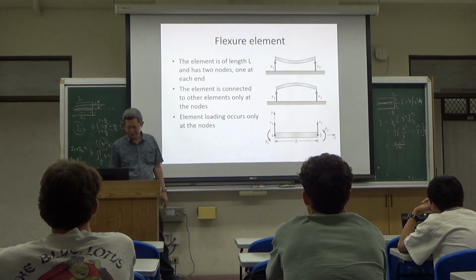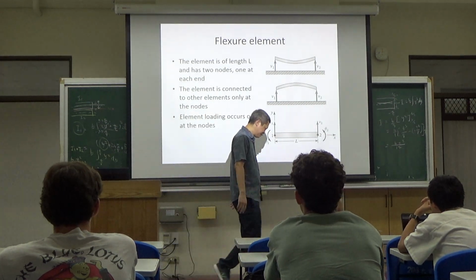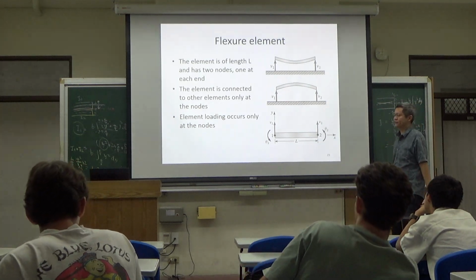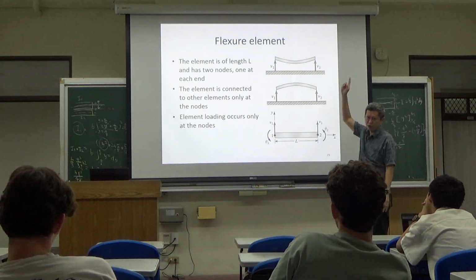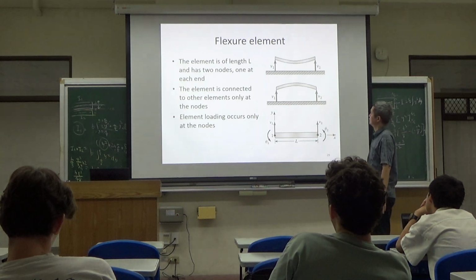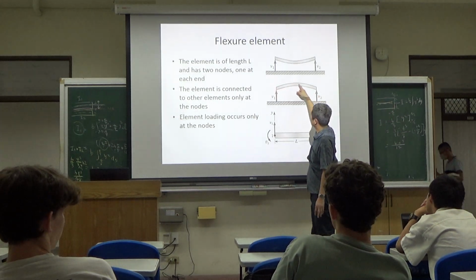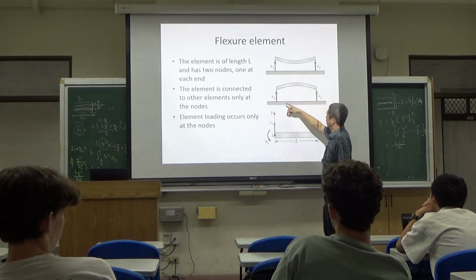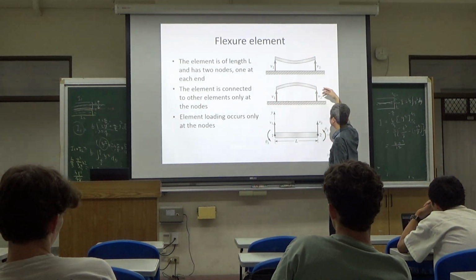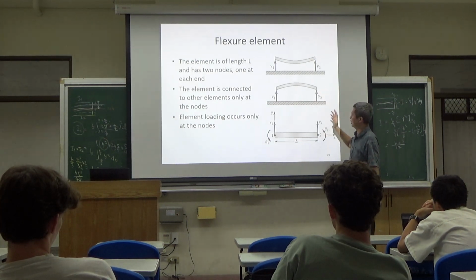But in our case here, let's take some convention. In the formulation of finite element, what we stick to is displacement upward is positive. So no matter what kind of curve you have, the left hand with the vertical displacement V1, the right hand also has vertical displacement V2, they are all upward.